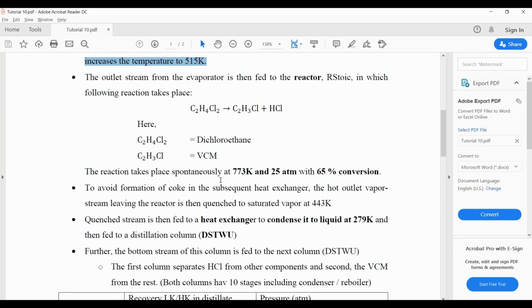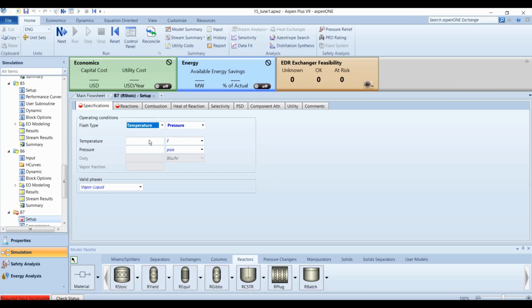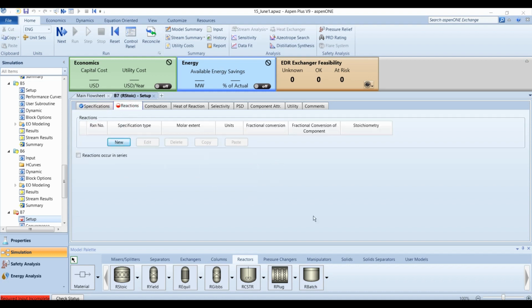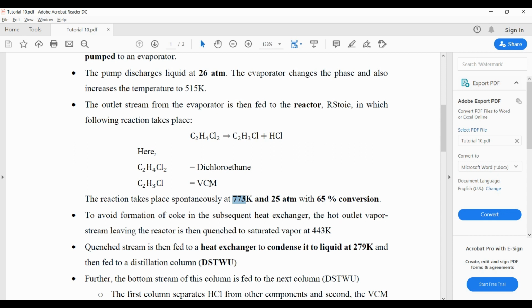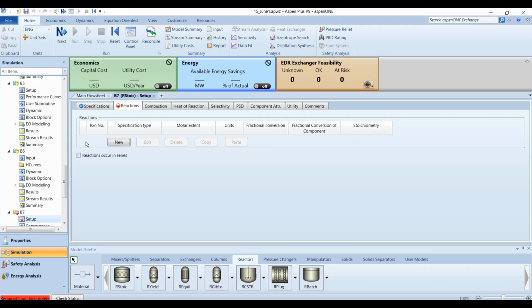The reaction takes place spontaneously at 773 Kelvin and 25 atmospheric pressure. So I will add 773 Kelvin and 25 atmospheric pressure. Now about the reaction, the detail is given as dichloroethane converting to VCM and HCl.